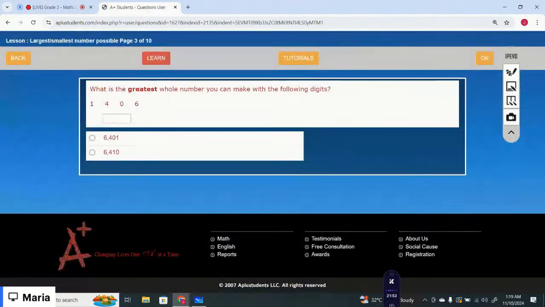What is the greatest whole number that you can make with the following digits? Which is the correct option? Which greatest number can you make using 1406?